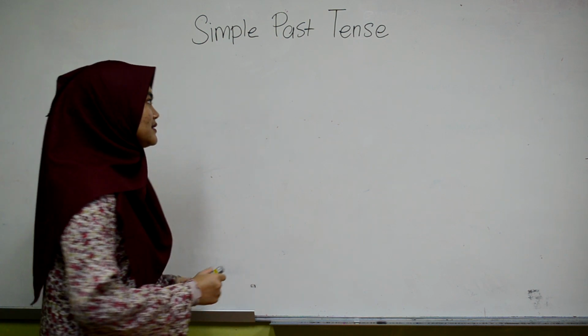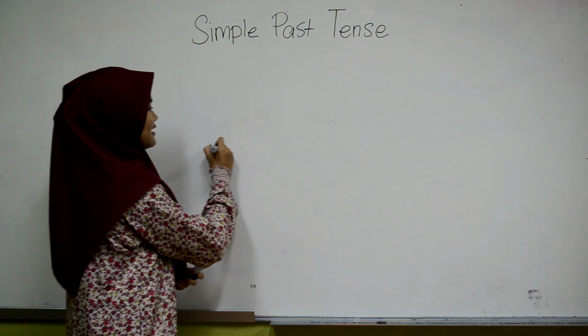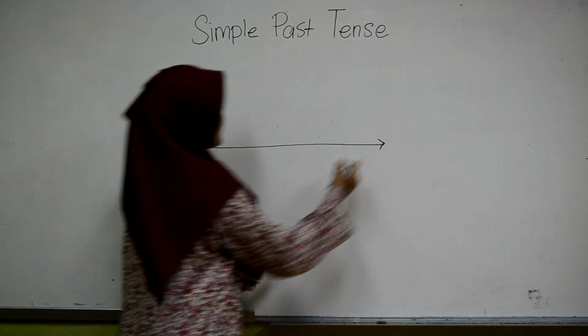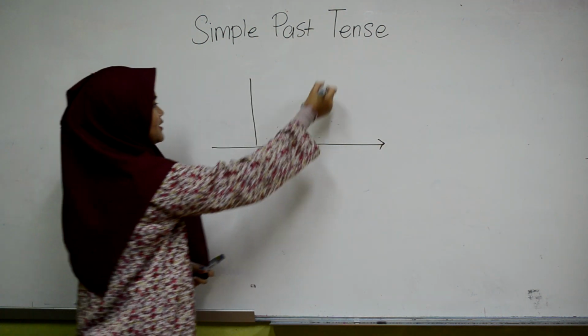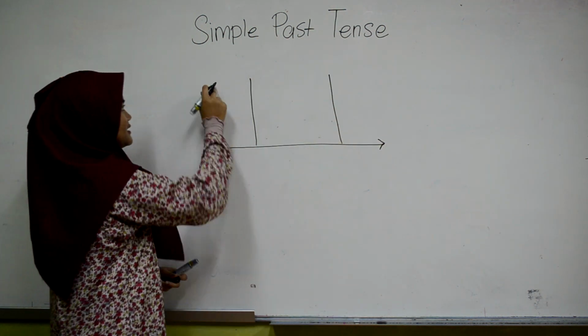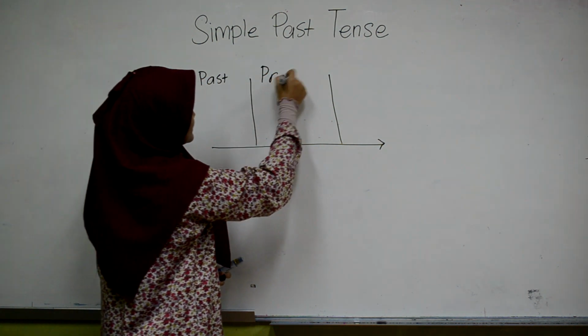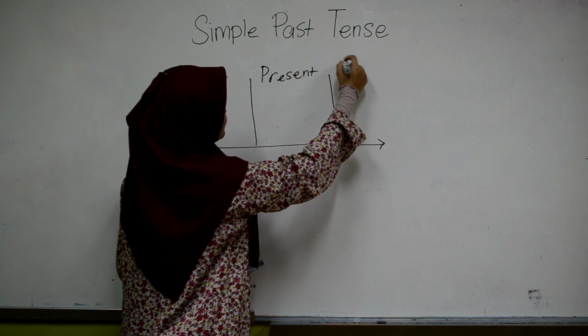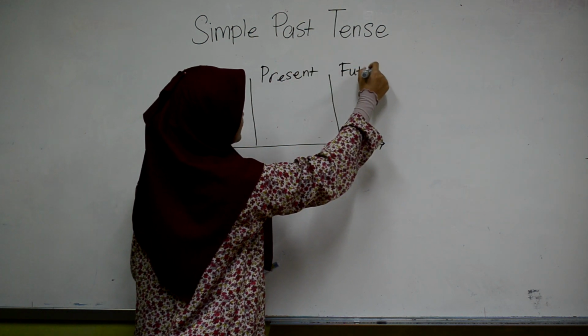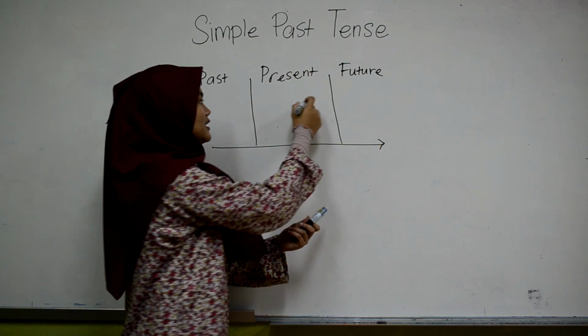To show you some example, here is the timeline. We divide this into three. This is the past, this is the present, and future. We are now standing here.